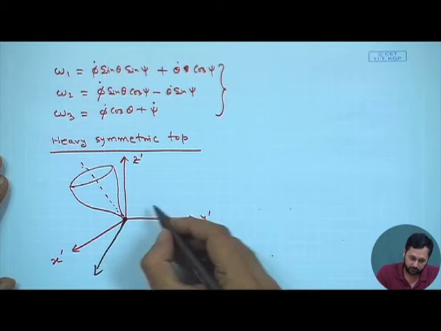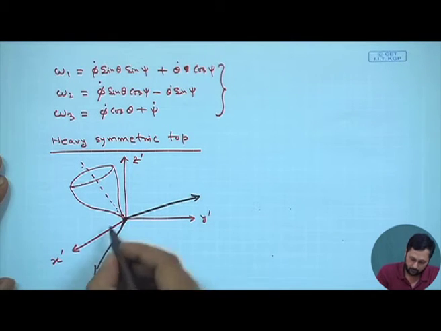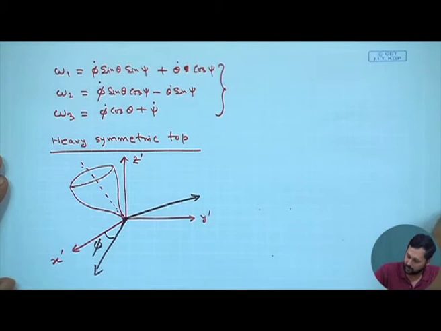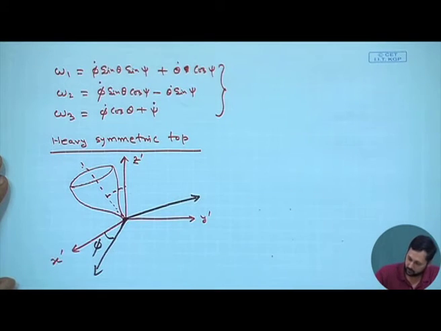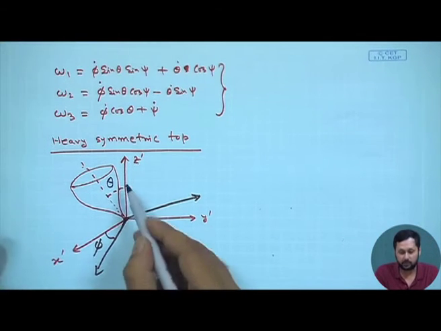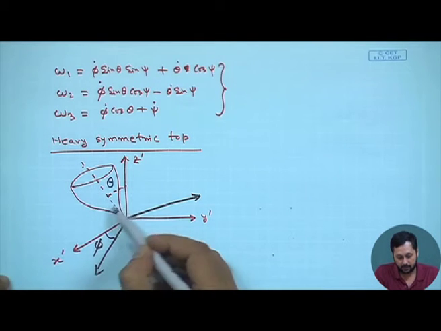So, let us say this is my phi, and this angle is theta. See what happens if the top rotates around its direction.